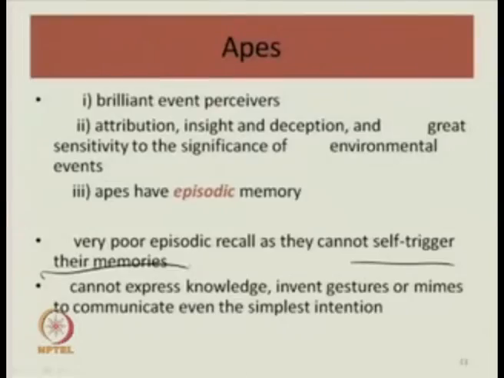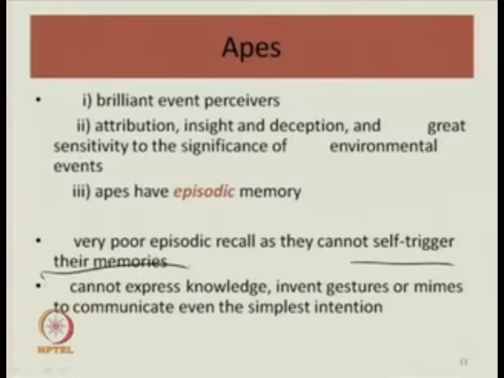We evolved from a common ancestor, and then there was a bifurcation, and therefore apes cannot express knowledge, even gestures or mimes to communicate even the simplest of intention. They need several rehearsals. There are hundreds of rehearsals, it seems, to be able to do something without a cue.